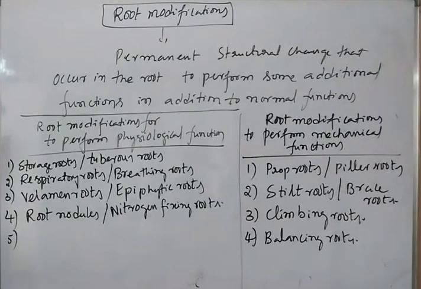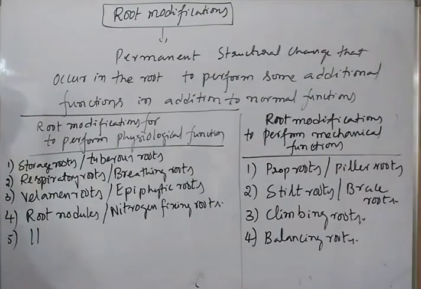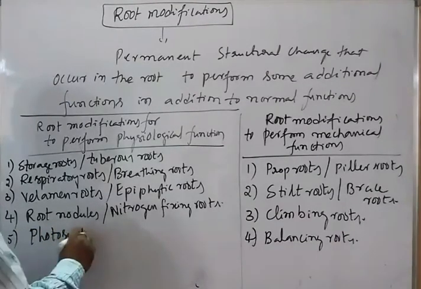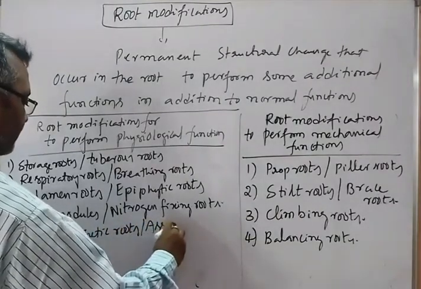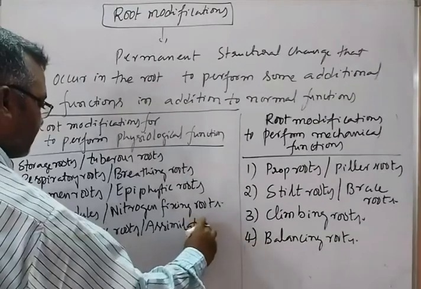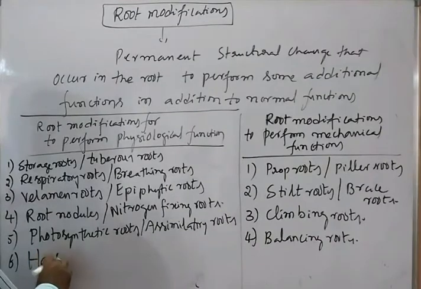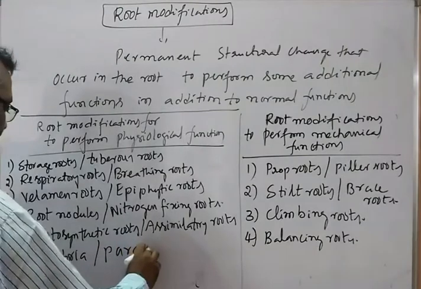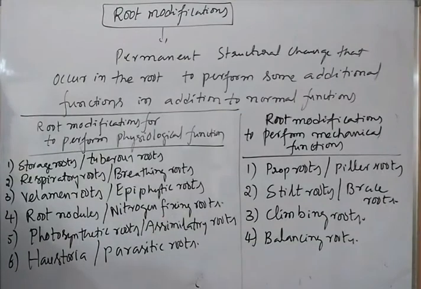Next, photosynthetic roots or assimilatory roots. Haustoria or parasitic roots. These many types we have to discuss.